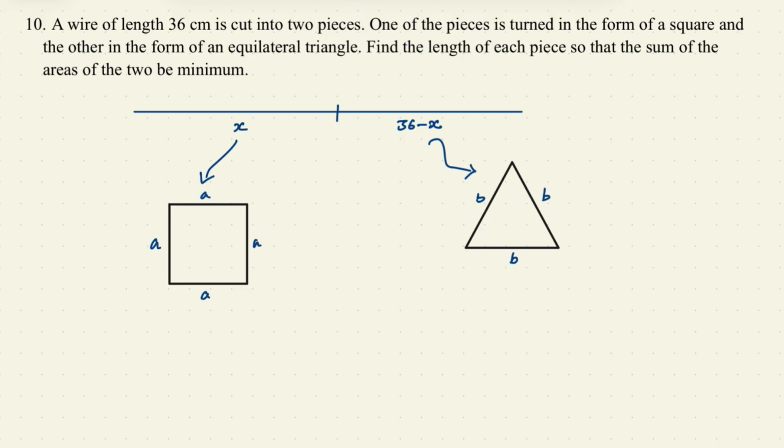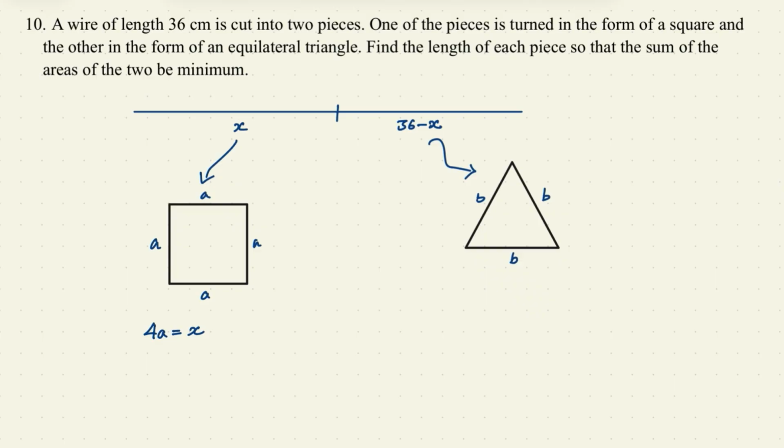So here the perimeter of this square is 4A and this 4A should be equal to x because this square is made from the piece of wire which is x centimeters long. Similarly the perimeter of this triangle should be equal to 36 − x because this triangle is formed from the 36 − x centimeter piece of wire.